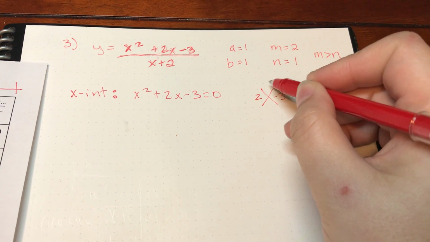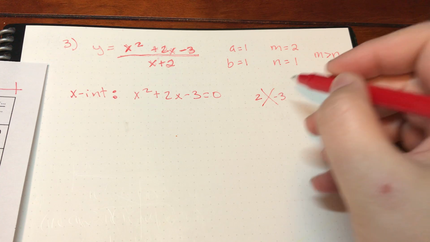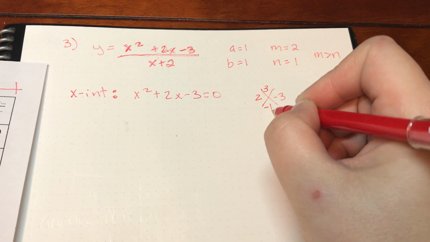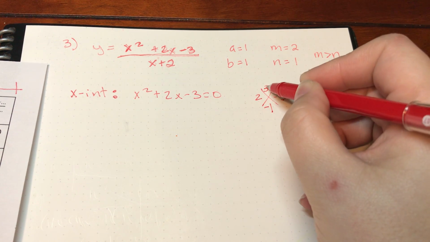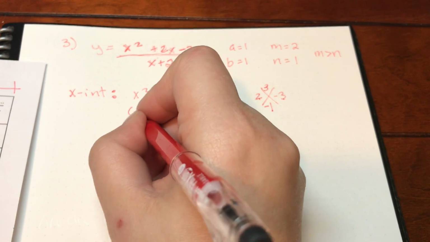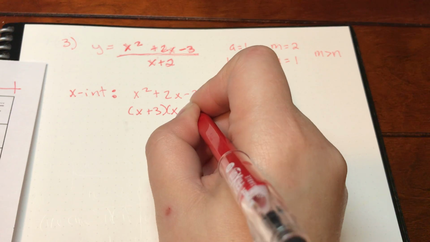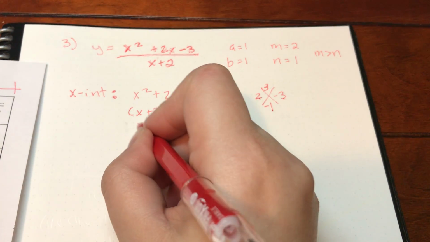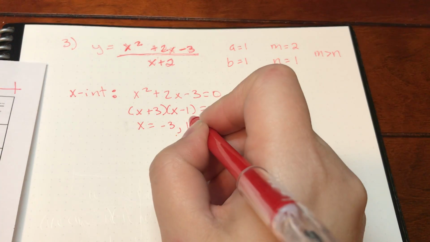So 2 numbers that multiply to make -3 and add to make +2 would be +3 and -1. 3 times -1 is -3. 3 plus -1 is 2. So this is x plus 3, x minus 1 equals 0. So x equals -3 and +1.